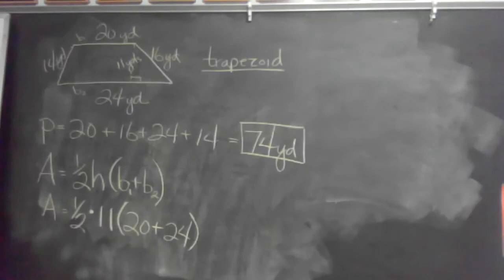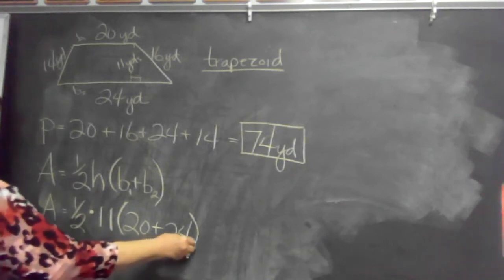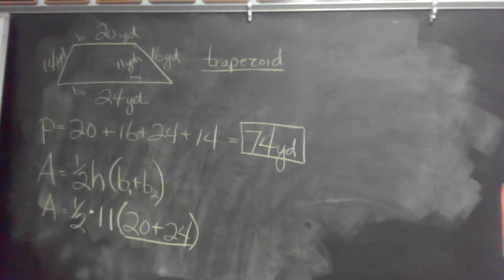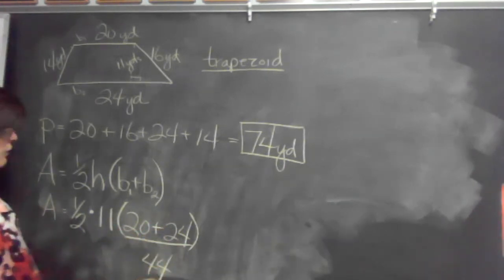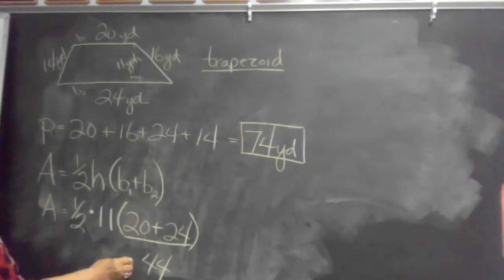I did kind of make this into a fraction for you. Okay, so if we use our order of operations, we know we have to do what's in here first, right? So 20 plus 24 is 44. Then you write the rest of the problem around it.